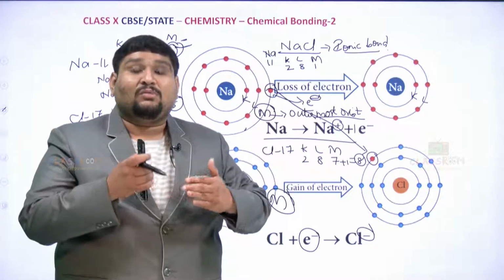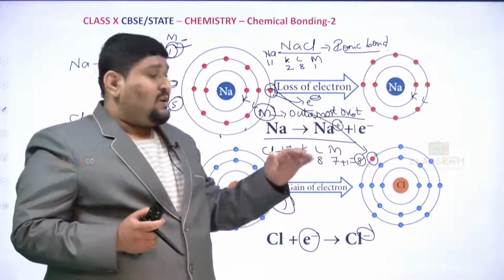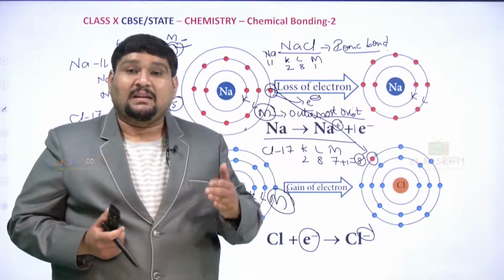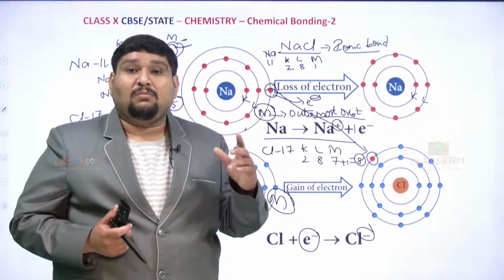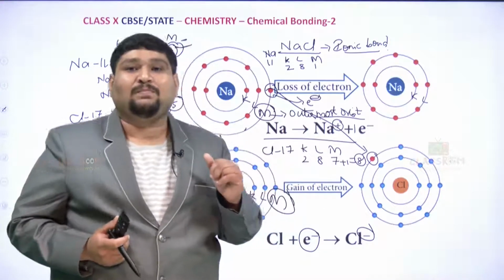Here we show the losing and gaining of electrons, and the electrons become stable by attaining a bond formation, and the bond which exists between these two is found to be an ionic bond.